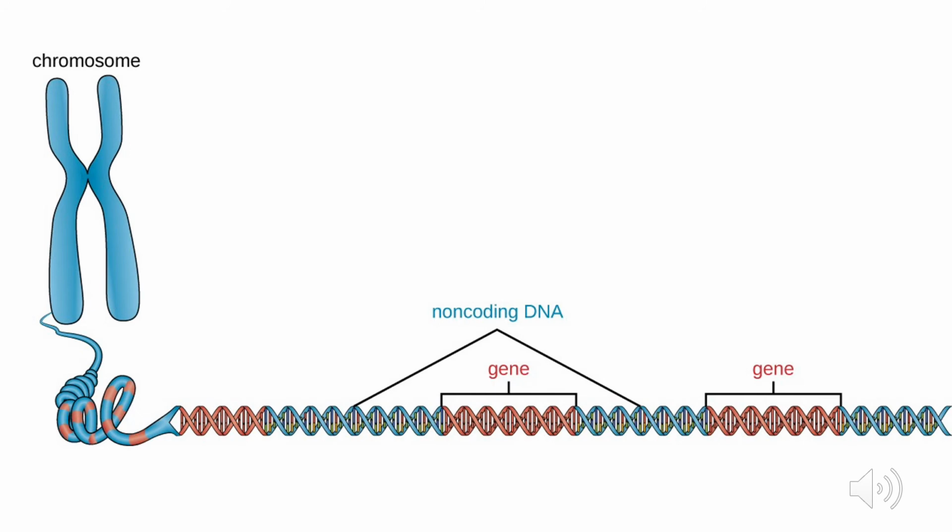The remaining 99% of the genome does not code for protein. It is distributed between the protein coding gene sequences on every chromosome. The function of non-coding DNA is not fully understood, but it seems to help the nucleus to process the information in the genetic code.